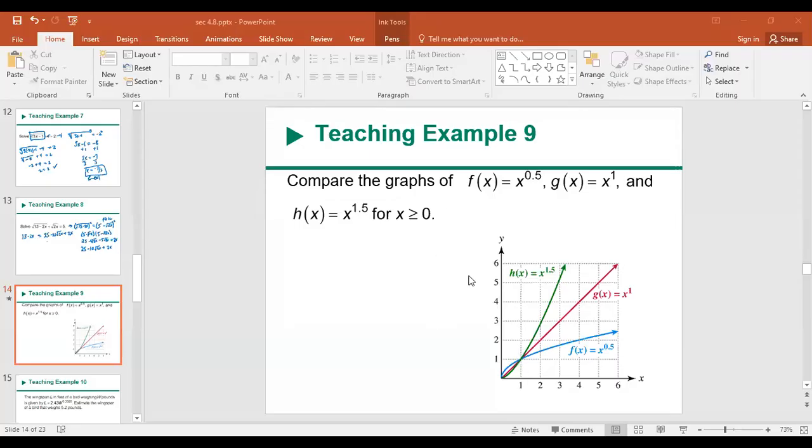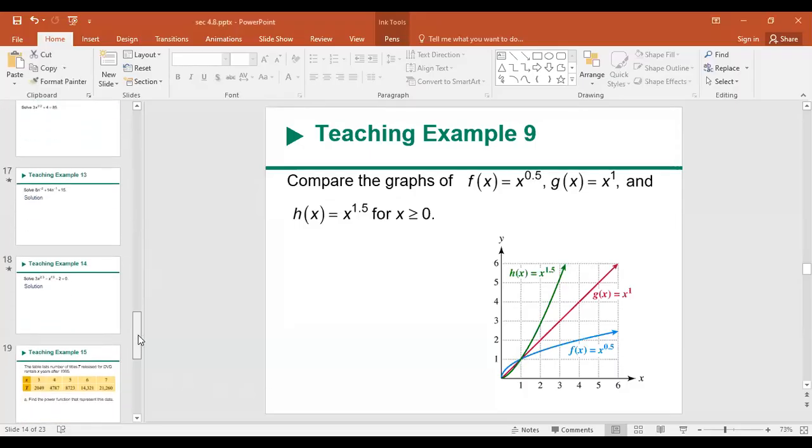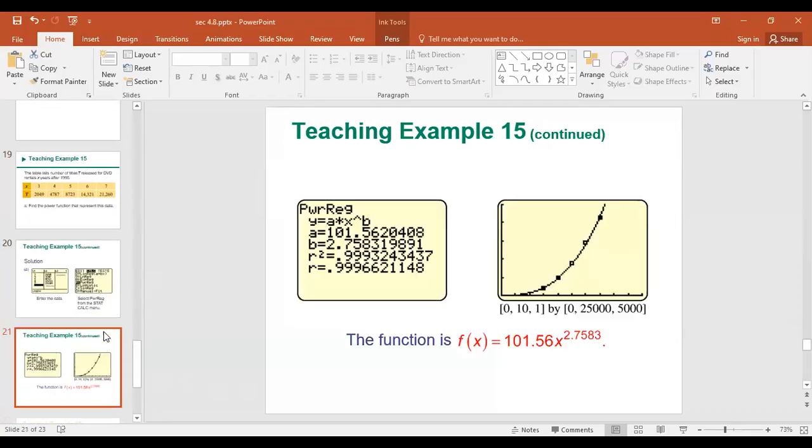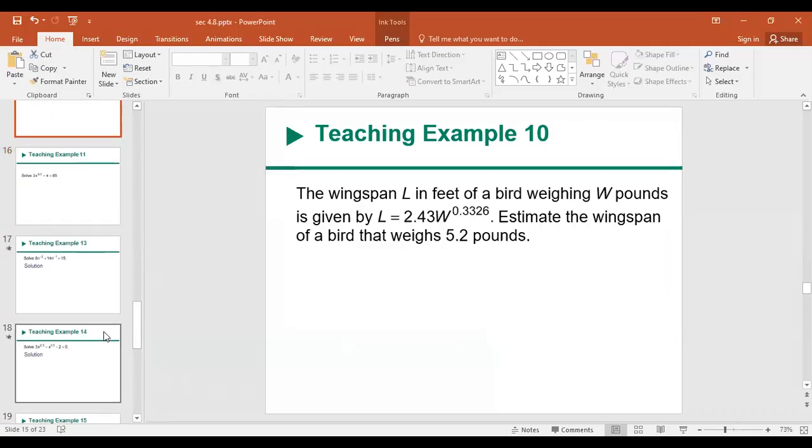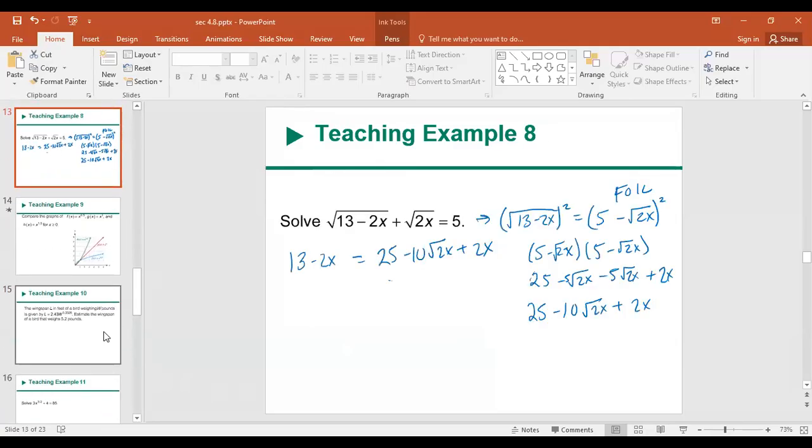I had so many examples of everything that you would see on your test. Did the recording stop?